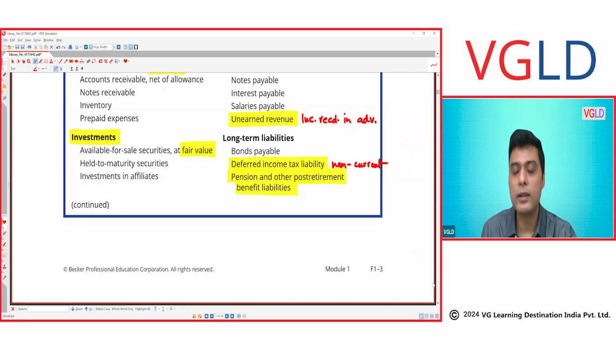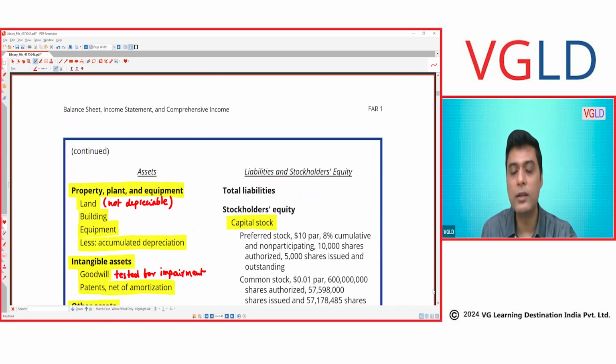So in the IFRS financial statements, you have something called revaluation surplus or a revaluation loss, right? So just by looking at whether there is a revaluation surplus or loss appearing anywhere, you will know whether it is IFRS or US GAAP financials.